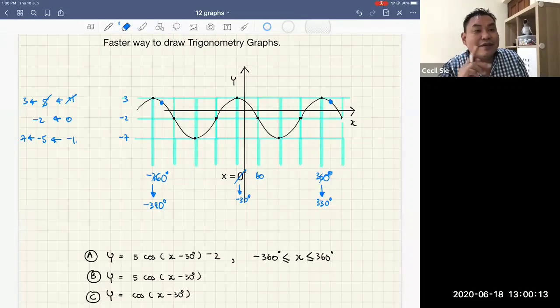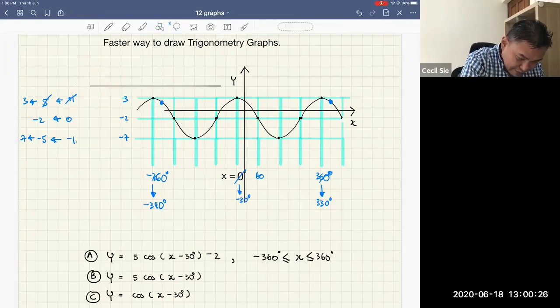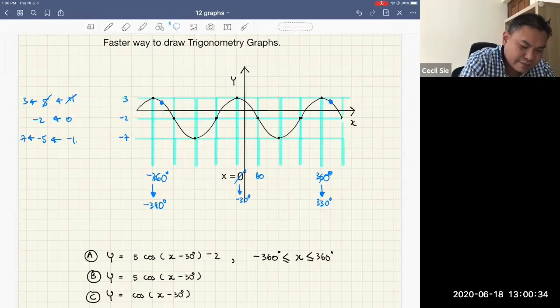We still need to label the value on the x-axis and the y-axis. We draw dotted lines here, and here, and here.